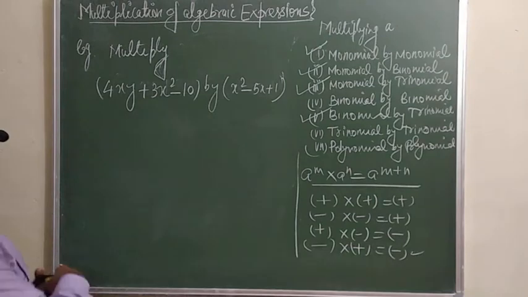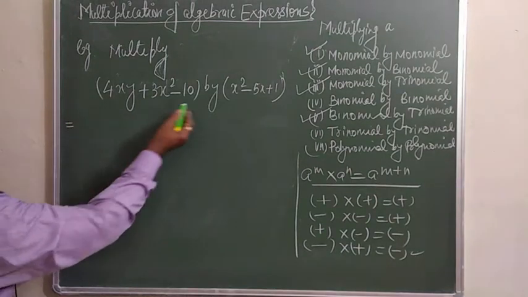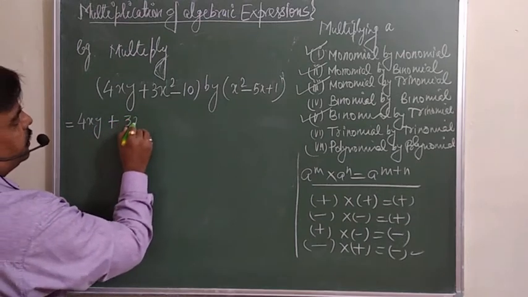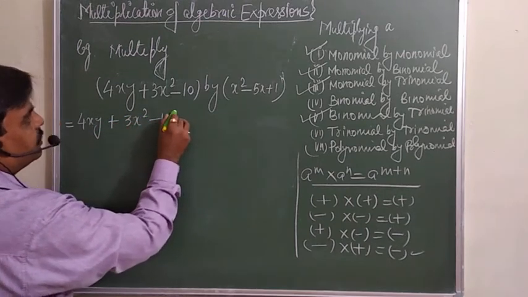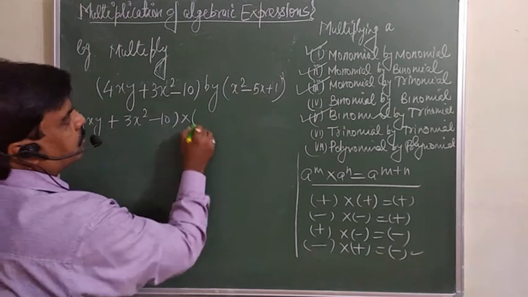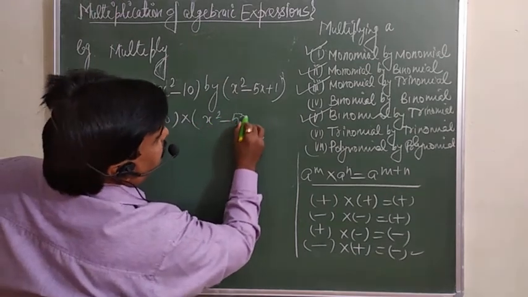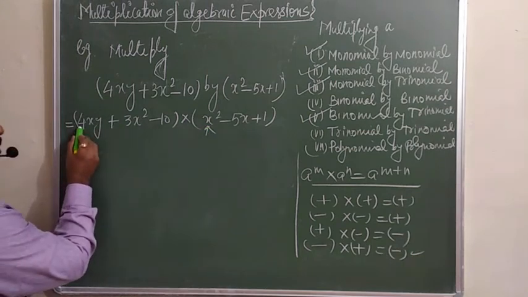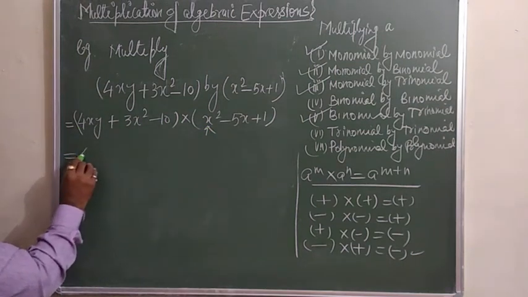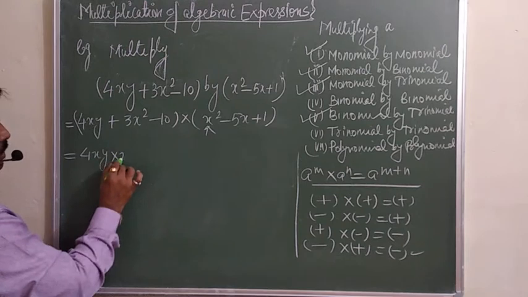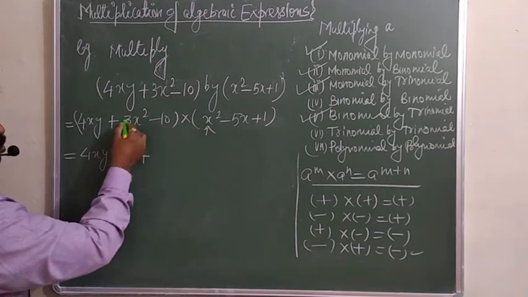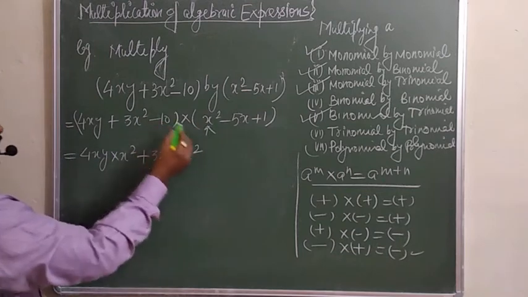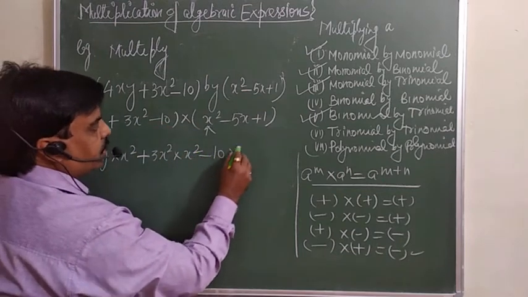So simply you have to multiply. Look, what to do, you can write 4xy plus 3x square minus 10 into x square minus 5x plus 1. Now with this x square you have to multiply each and every term. So this is 4xy into x square, plus into plus plus, 3x square into x square, plus into minus minus, 10 into x square.